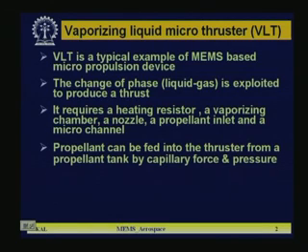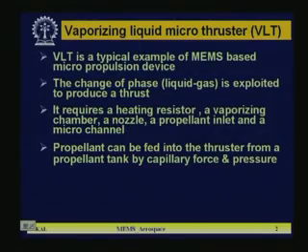You have to have a vaporizing chamber. For ejection of the propellant in gaseous form, you need a micro nozzle, and inlet and outlet of the propellants as well as the micro channel through which your liquid propellant will enter and gas will eject. So, micro channel has to be formed.